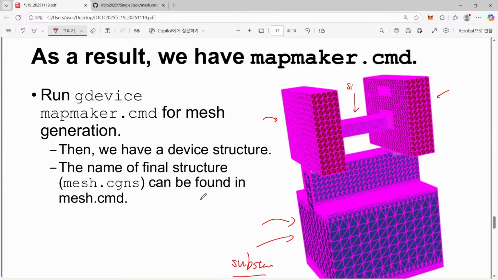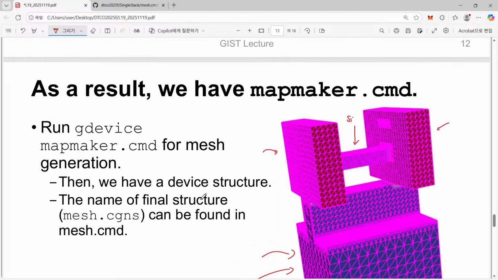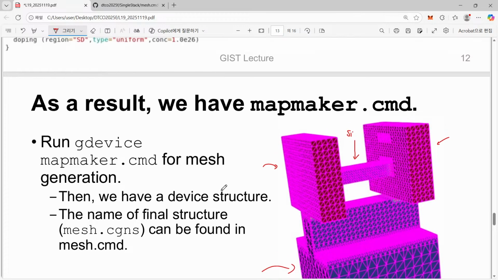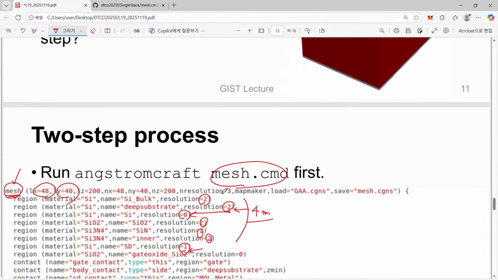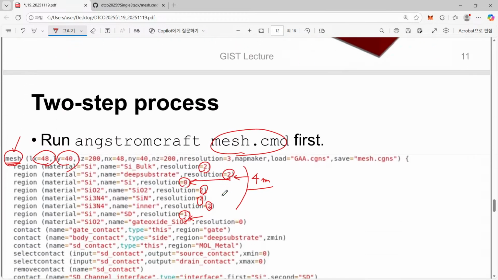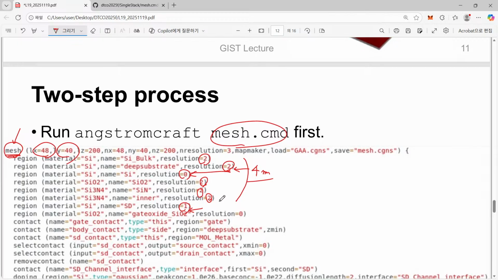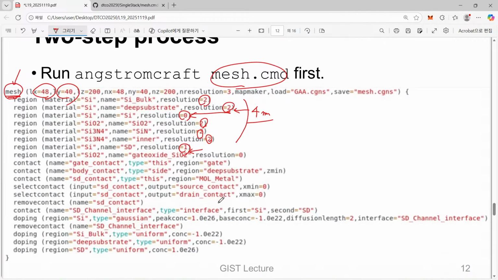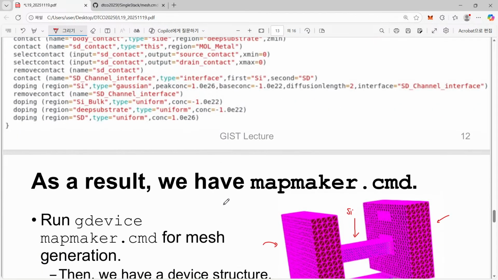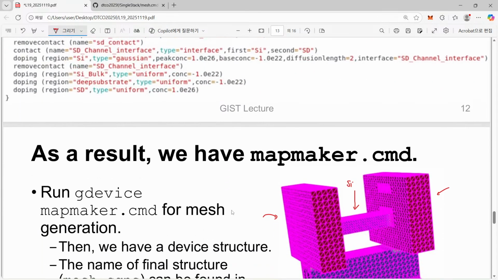And my final advice is, when you learn this ArmstrongCraft mesh.cmd, you will have the intermediate input file for G device. This one automatically generates the mapmaker.cmd file, and you must learn this G device mapmaker.cmd once again.